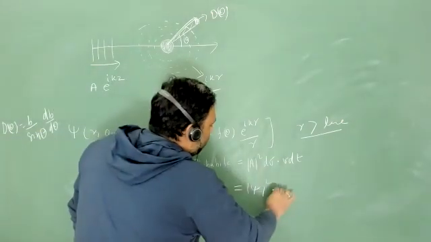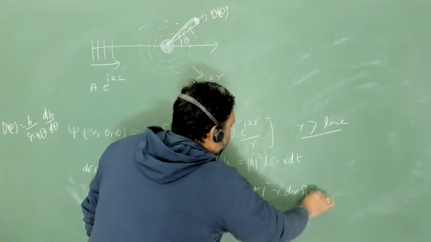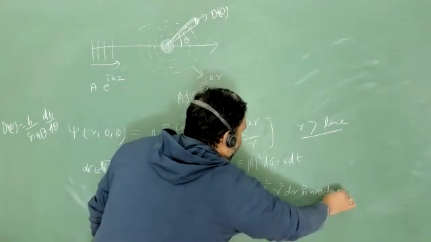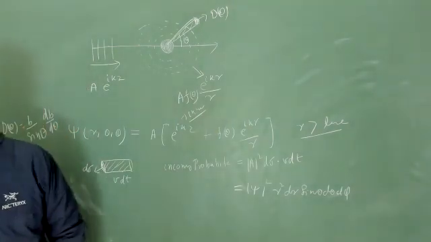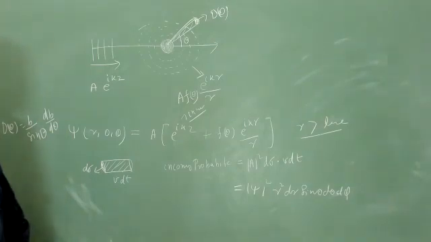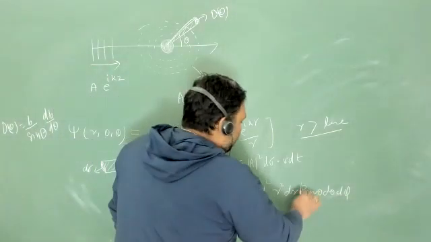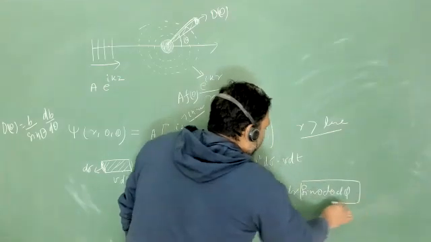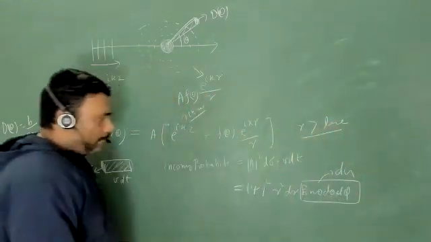Mod psi square r square dr sin theta d theta d phi, isn't it? Yes, sir. Everyone? Yes, sir. Okay. Now I can write sin theta d theta d phi as d omega. We can write this, yes, sir.